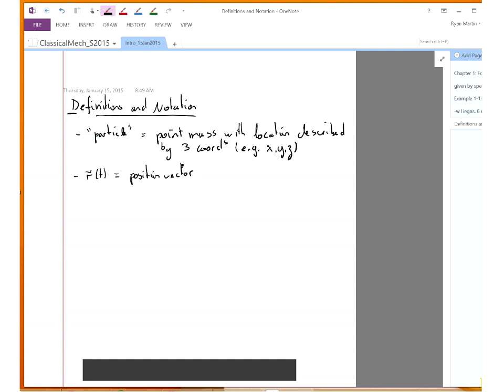The rate of change with time of the position vector we'll call velocity. So we'll introduce v as the velocity vector, and that's dr by dt. And similarly, we'll introduce a, the acceleration vector, which is dv by dt, also d squared r by dt squared.